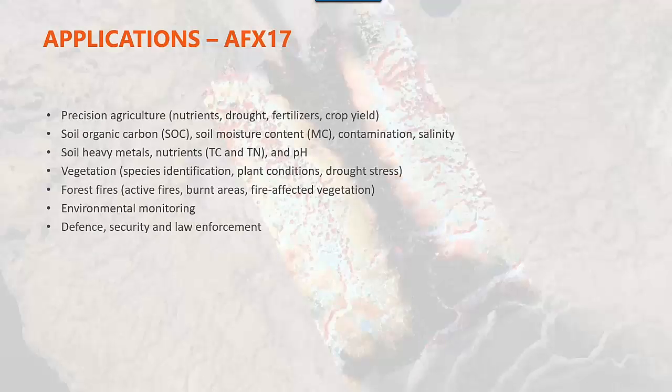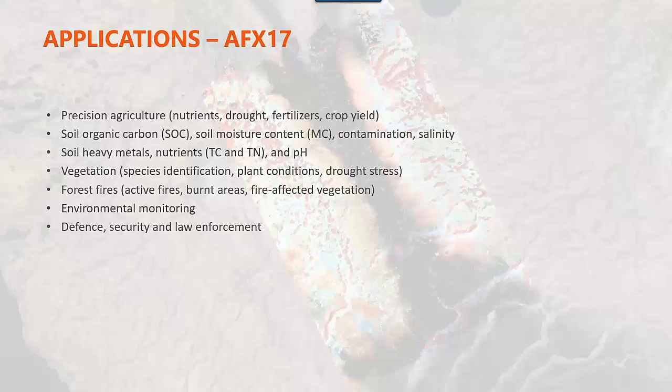When moving into the NIR range and using the AFX17, some new applications are introduced. For example, soil properties related applications and analyses of the organic carbon, soil moisture content, contamination and heavy metals, and studying the nutrients like total carbon and total nitrogen are becoming more important.